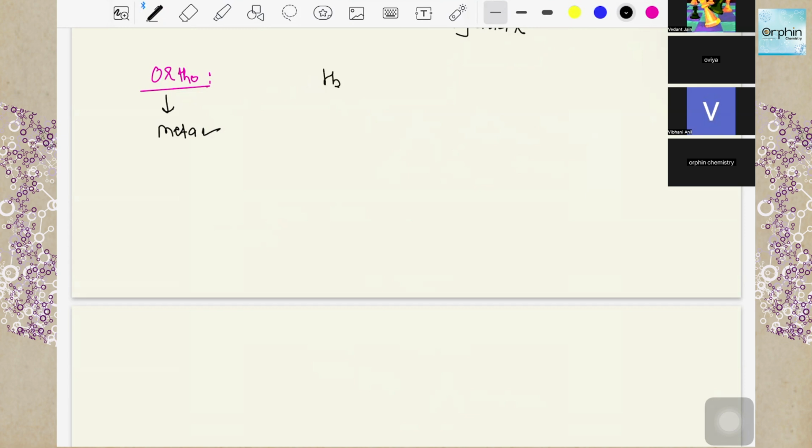If I have H3PO4, what was H3PO4? Phosphoric acid. Can we derive the meta form from here? Yes. So this is known as orthophosphoric acid.